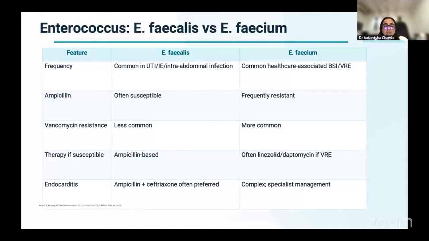And if there is E. faecalis and endocarditis, ampicillin plus ceftriaxone become your drug of choice. For E. faecium, it is often resistant to ampicillin, and vancomycin resistance is even more common. So therapy is with linezolid and daptomycin if you're dealing with VRE. And for endocarditis, you have to take your ID specialist, you have to discuss with the microbiologist and decide about the line of management.